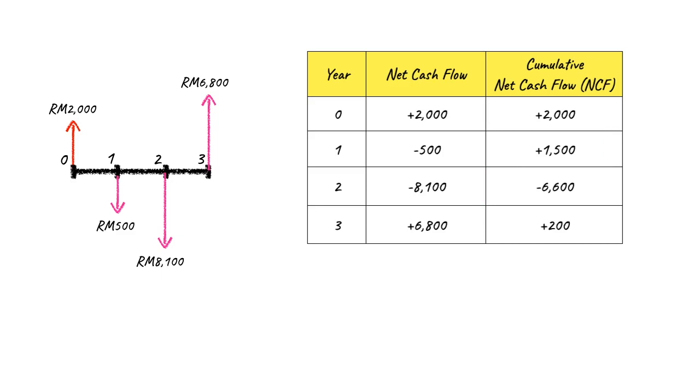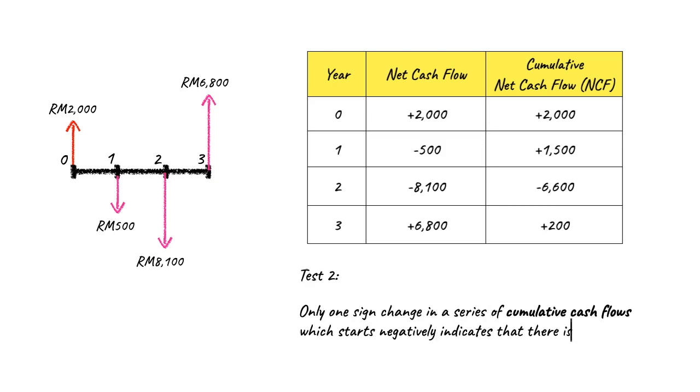So as you can see, in the cumulative net cash flow column, it does not start with a negative cash flow. It starts with a positive 2,000. And it also involves two sign changes, which is from year 1 to year 2, and also from year 2 to year 3. So this condition does not fulfill the requirement for the second test.